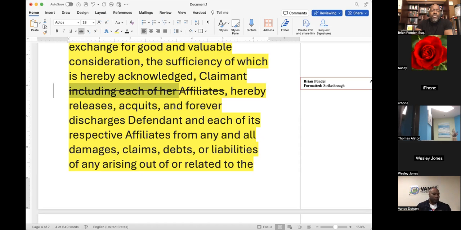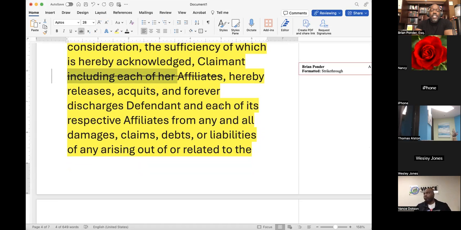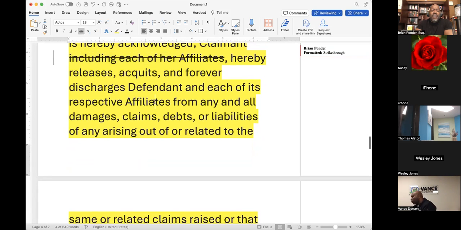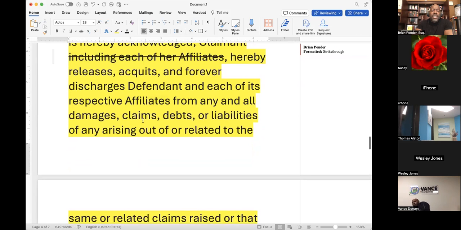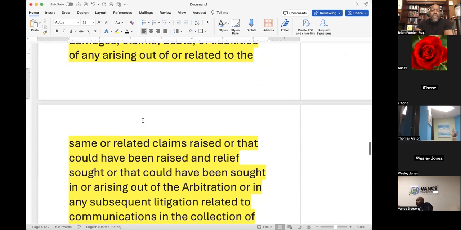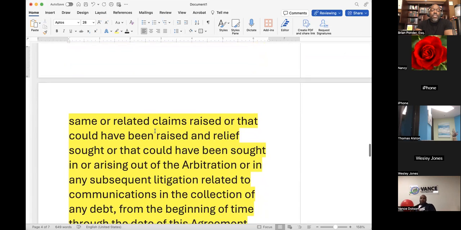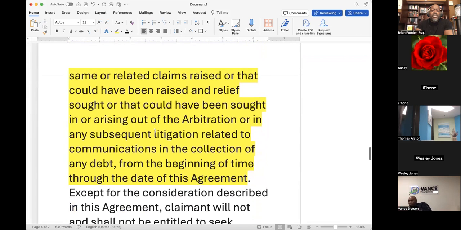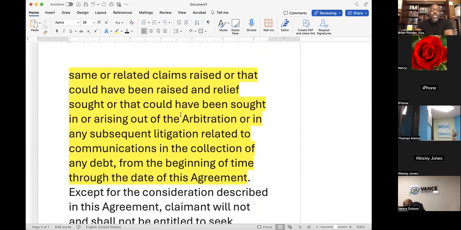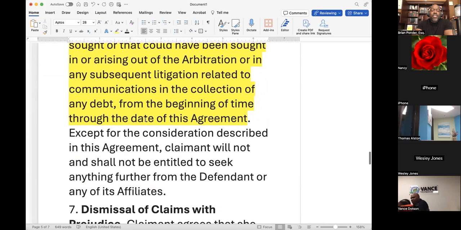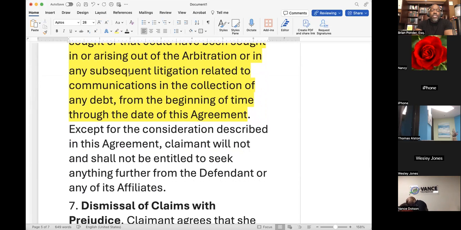Hereby releases, acquits, and forever discharges defendant and each of its respective affiliates from any and all damages, claims, and liability arising out of or related to the same or related claims, or that could have been raised, or arising out of arbitration or subsequent litigation.